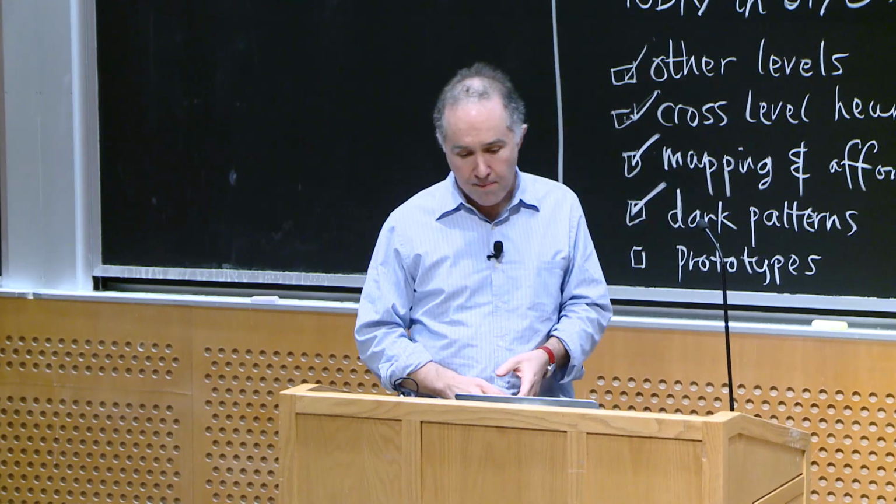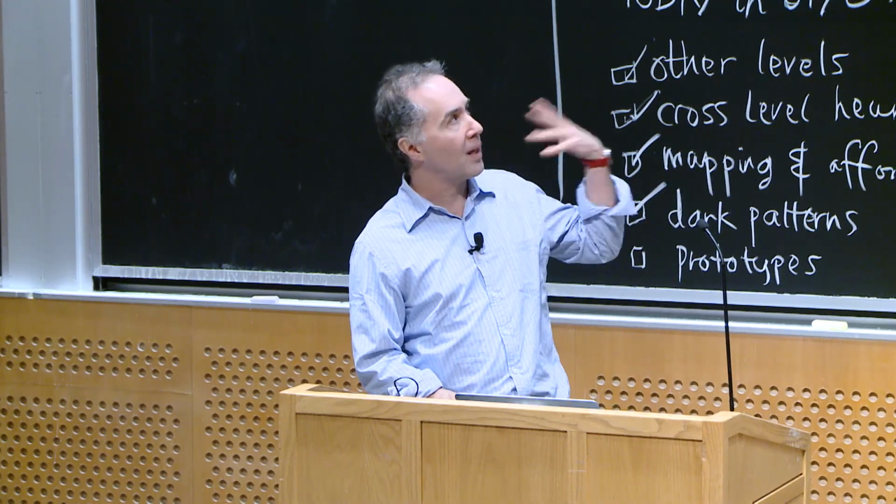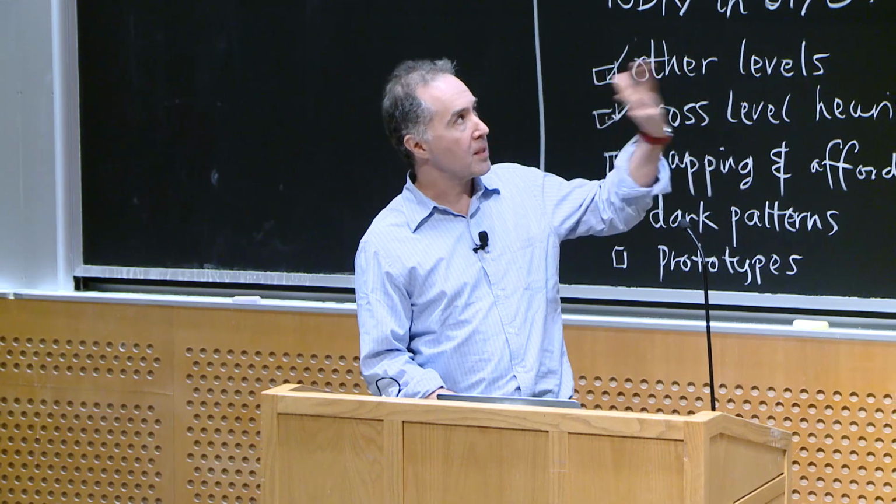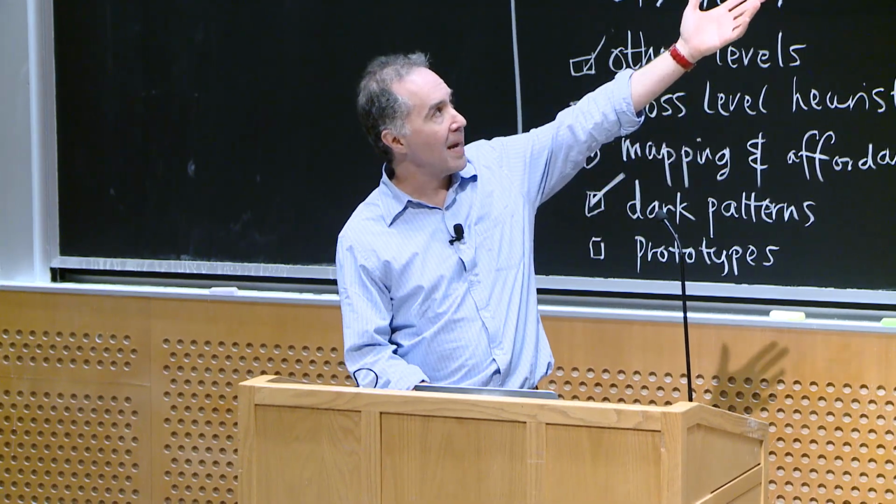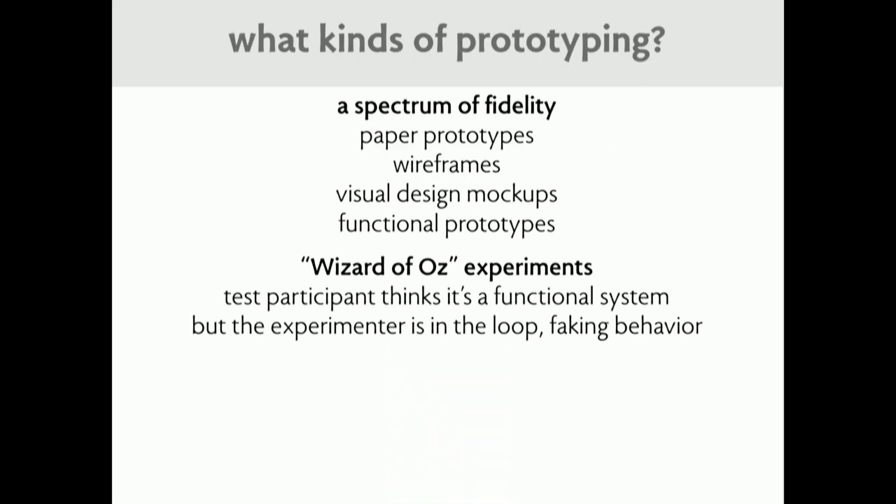And so there are a whole different collection of ways you can prototype. There's a spectrum of fidelity from paper prototypes like this, to full functional prototypes, which are basically little almost implemented systems. There's an idea that you should know about called the Wizard of Oz prototype. The idea is that you give the participant in your test the impression that they're dealing with a fully implemented system.